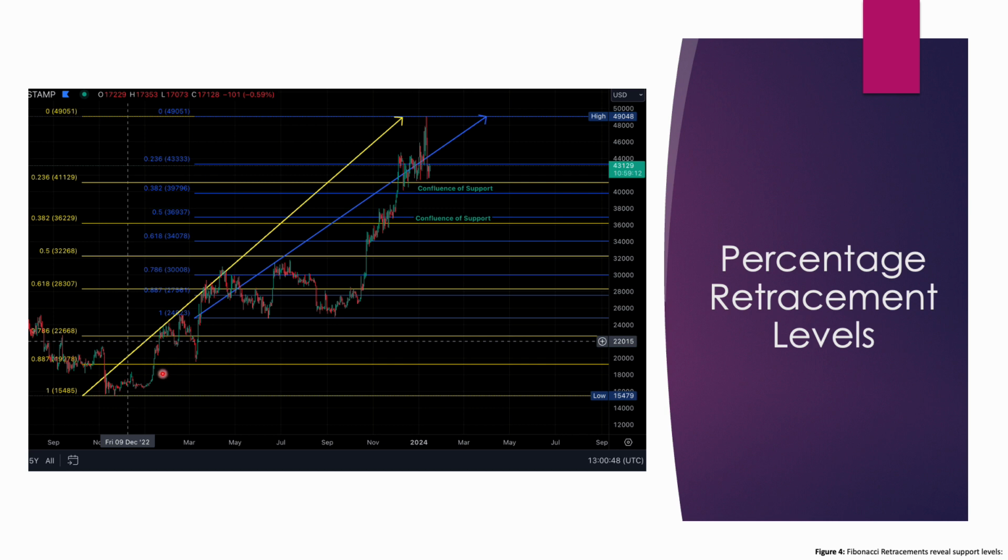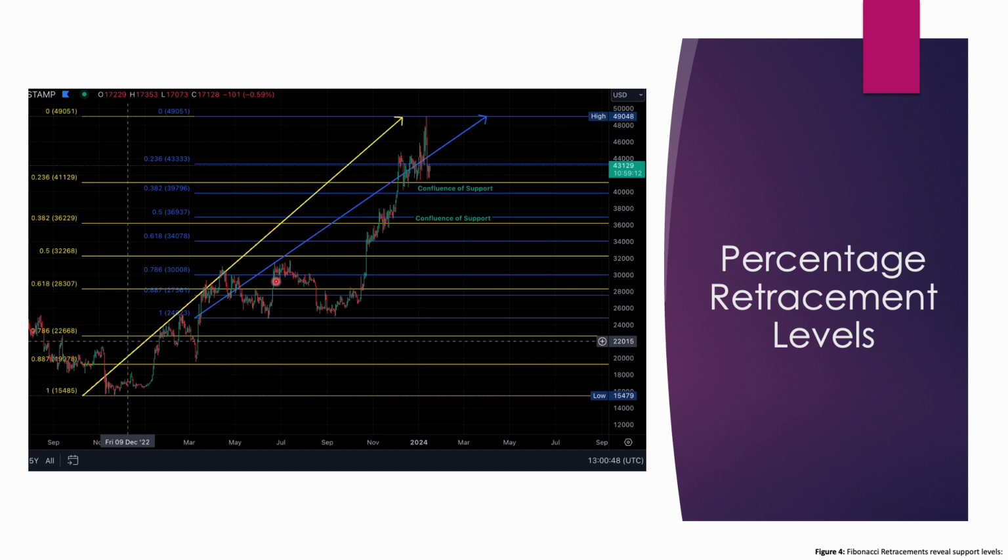Now, if you want some more confluence with retracement, you take a Fibonacci retracement from a local swing low to a local swing high. For example, I pulled an additional Fibonacci retracement from the 25K level to the swing high again.